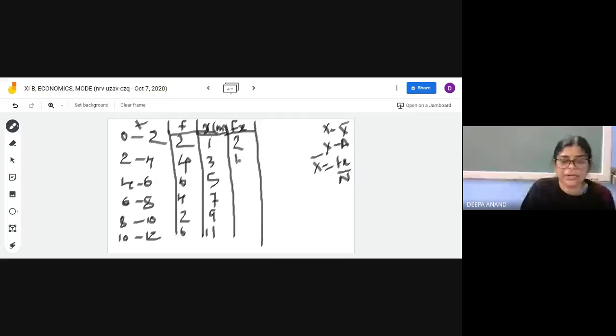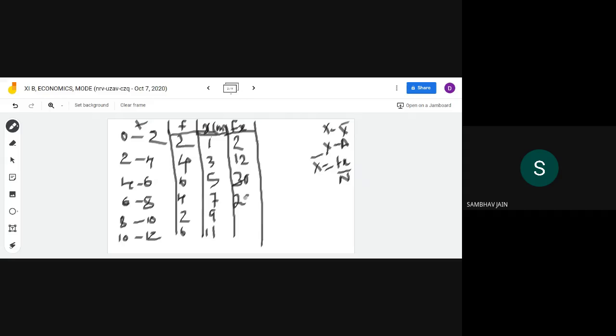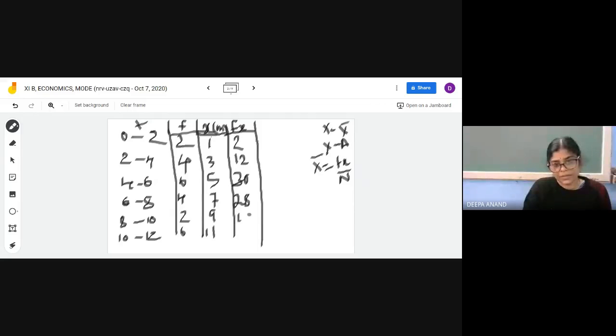2, 12, 30, 28, 18 and 66. Ye hum kyon kar rahe hain? In order to find x bar, that is the mean. 14, 44, 52, 62, 72, 80, 90, 156. Sigma fx is equal to 156.